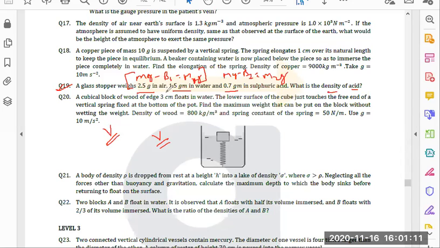Mg minus rho of water, volume displaced, g is equal to m1g. So g cancels. V is 2.5 minus 1.5 divided by density of water, which will give you volume. Now, after finding the volume, you can find the density in the same way, right?